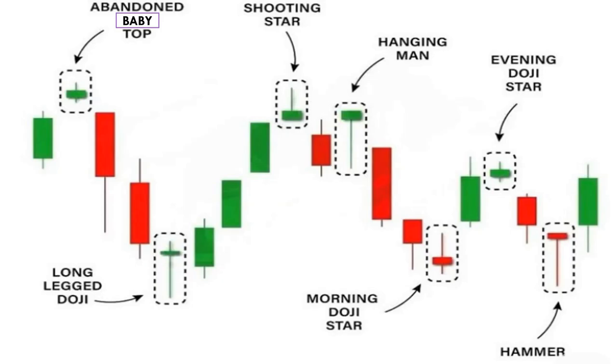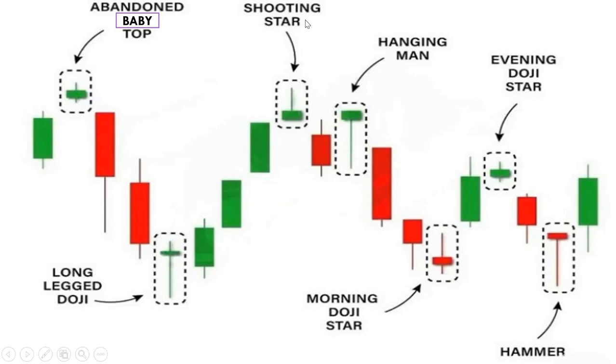But if you observe, whenever you start sitting on the seesaw, both are at the same level. So over here, bearish market and bullish market, that means buyers and sellers have a fight, but at the end they are at the same level. So that is known as long legged doji.